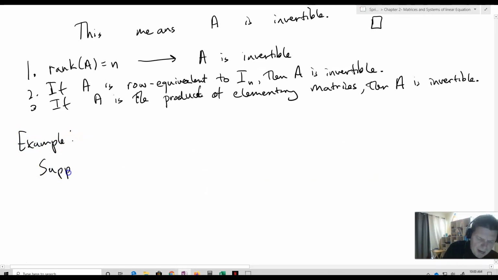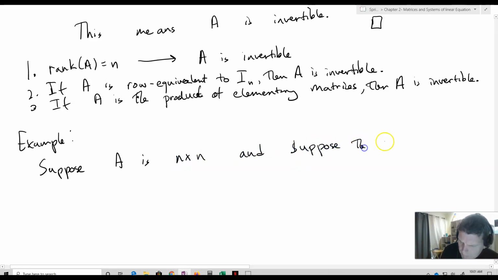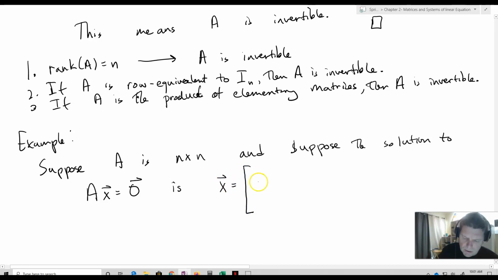Suppose A is n by n, and suppose the solution to Ax equals 0 is, and I'll write it as an equation, x equals t times the vector negative 1, 3, 1.